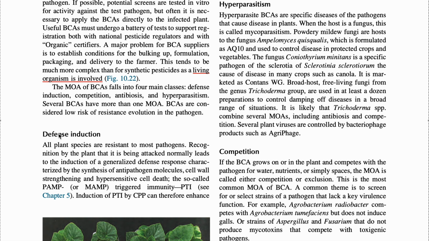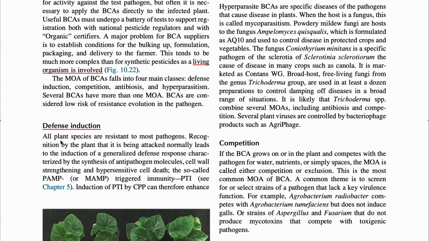Now, defense induction. All plant species are resistant to most pathogens. Remember this line. All plant species are resistant to most pathogens.